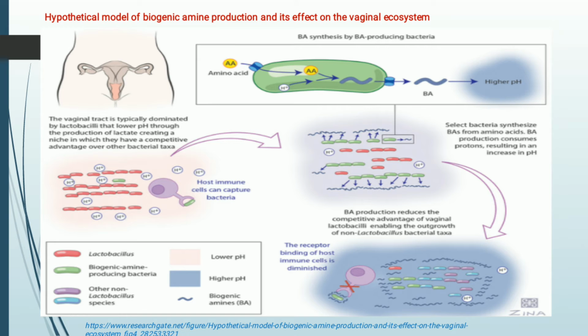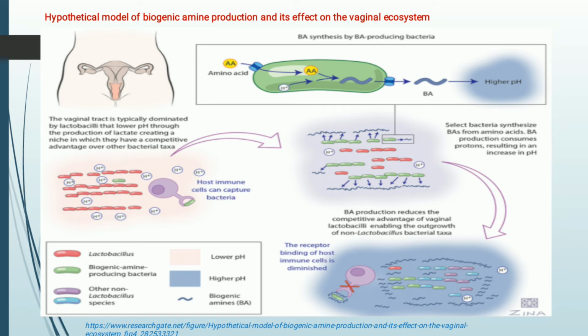So this is the structure of a single amino acid residue. As I told you, these biogenic amines are rich in amine composition, meaning they have a high concentration of the NH2 group. That's why they can make the surroundings alkaline.